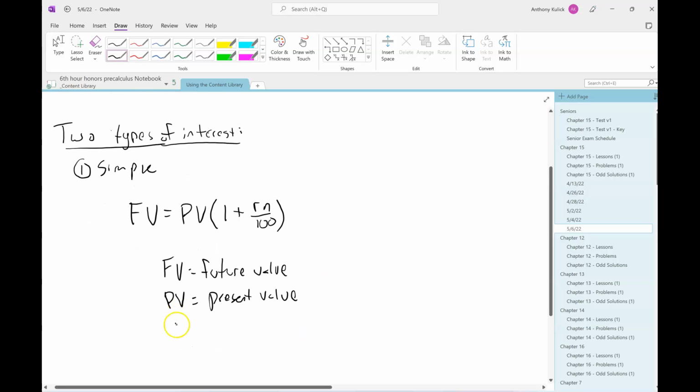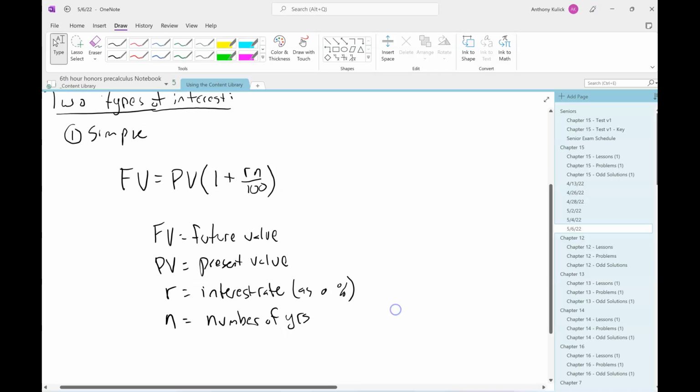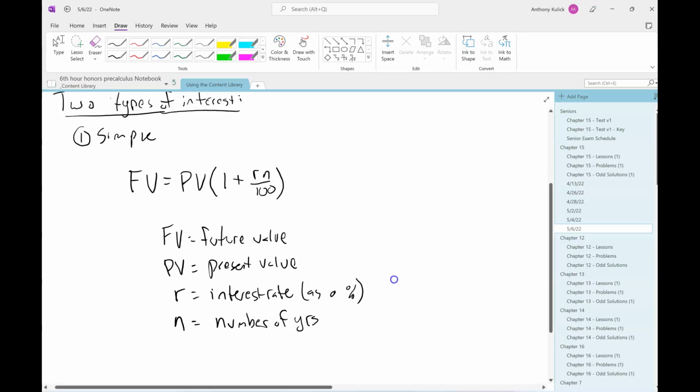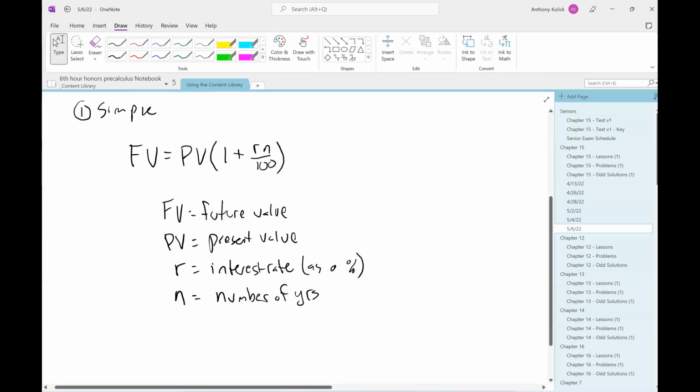And let's define what some of these letters are. FV is the future value, PV is the present value, R is the interest rate as a percentage, and N is the number of years.